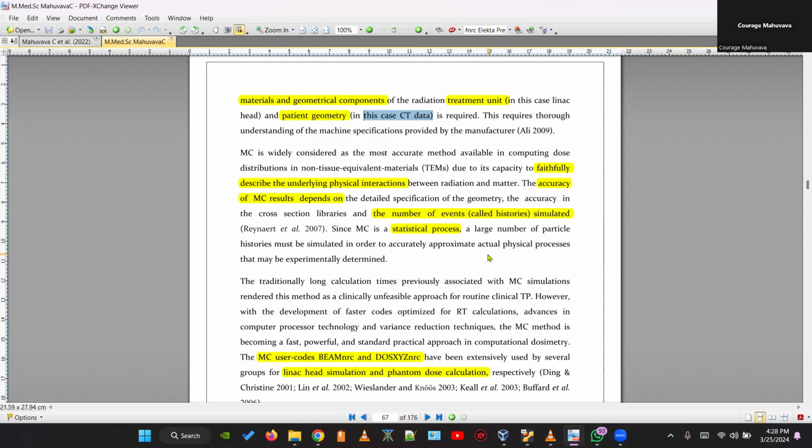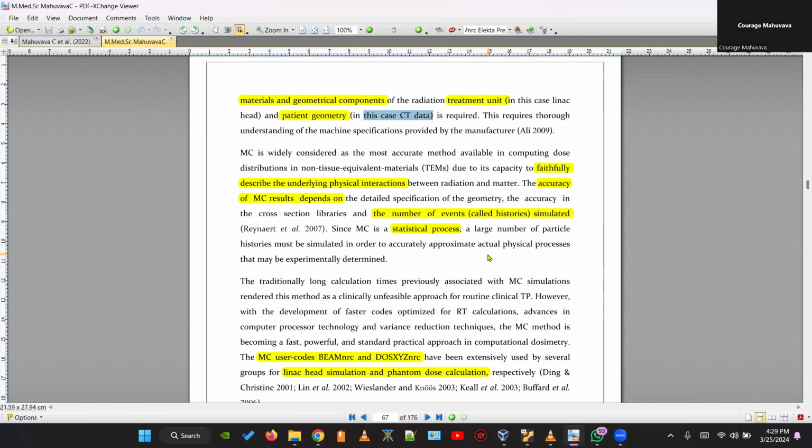Another very important thing is not only does Monte Carlo faithfully represent the geometry, right? The other thing is Monte Carlo, I did mention it's a statistical process, right? So its accuracy is dependent on the number of events, that are called histories, that we simulate.